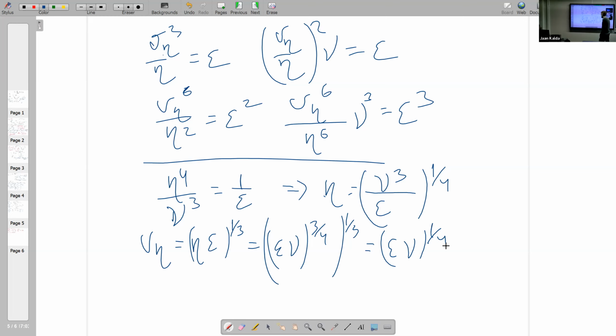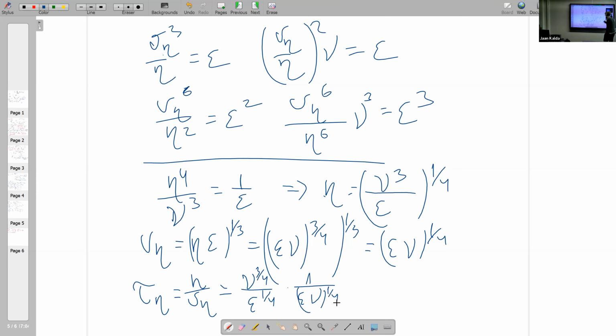And finally, we can also have the characteristic time, tau_eta, the microscale. Tau_eta is eta divided by V_eta, and equals, nu to the power of 3/4 divided by epsilon to 1/4 is eta, and 1 divided by V_eta is 1 divided by epsilon and nu to the power of 1/4.